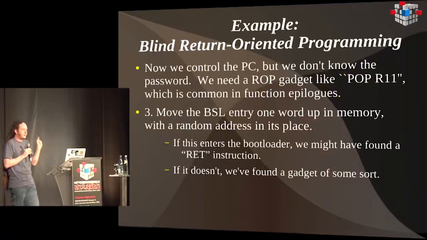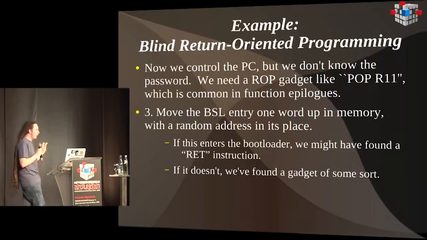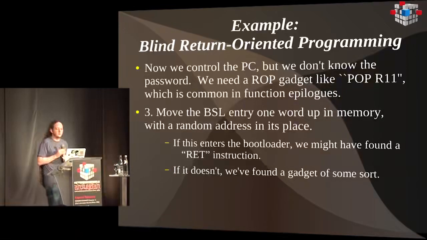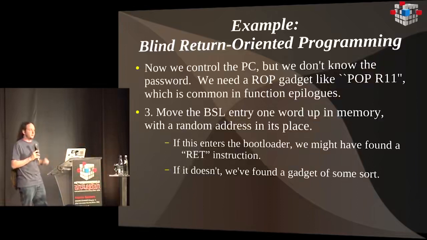So what we do is we move the bootloader entry point, the BSL entry point, just a little bit further in the stack so that it won't be the address that we return to. And then where that address was, the thing that actually is going into the program counter, at that address, we put a value that we just keep incrementing on each try.